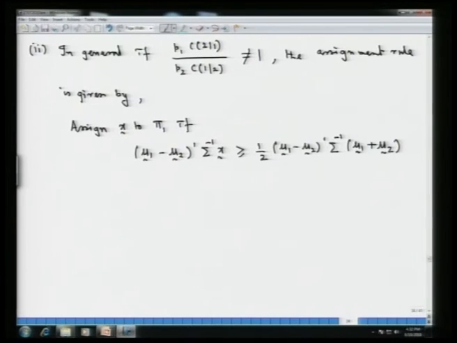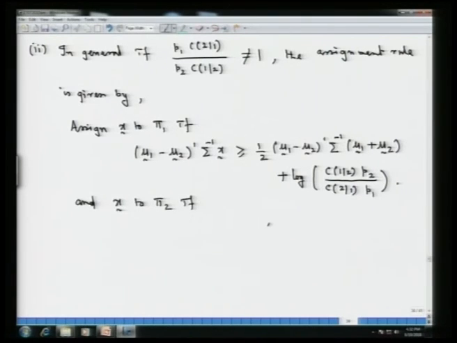Now, there is a constant term, log of that term, that still remains in this expression, and hence in the general situation just this term is added to the previous term: C(1 given 2) times P2, divided by C(2 given 1) times P1. And x goes to pi 2 if this quantity is less than the right hand side.